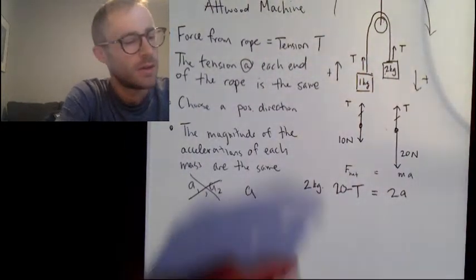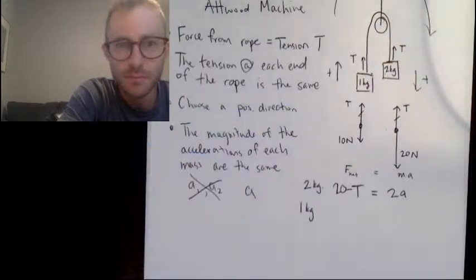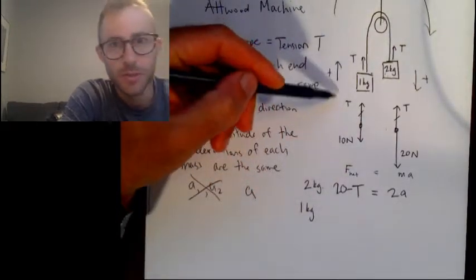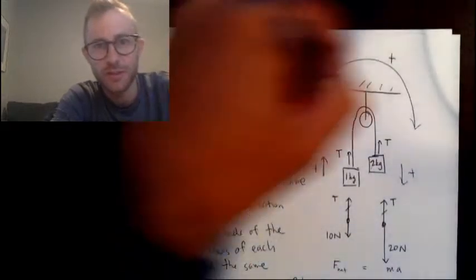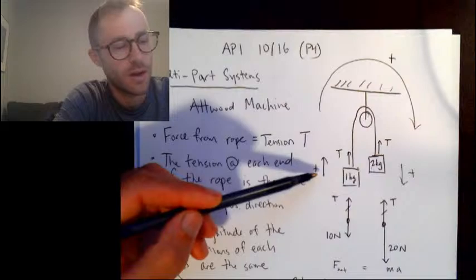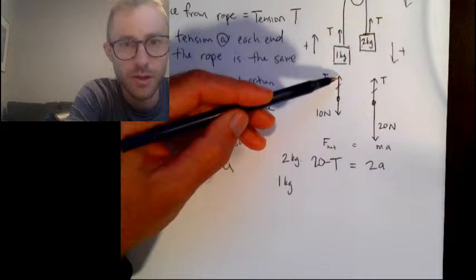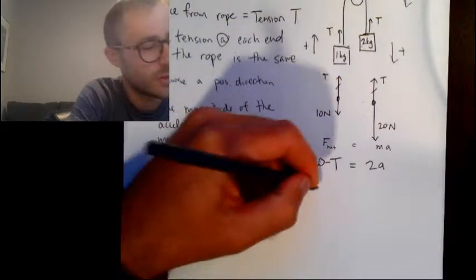Now I do the same thing for the 1 kilogram mass. Because of the positive sense of this problem, for this 1 kilogram mass on the left-hand side, upward is positive. So I have tension going upward and 10 newtons going downward.